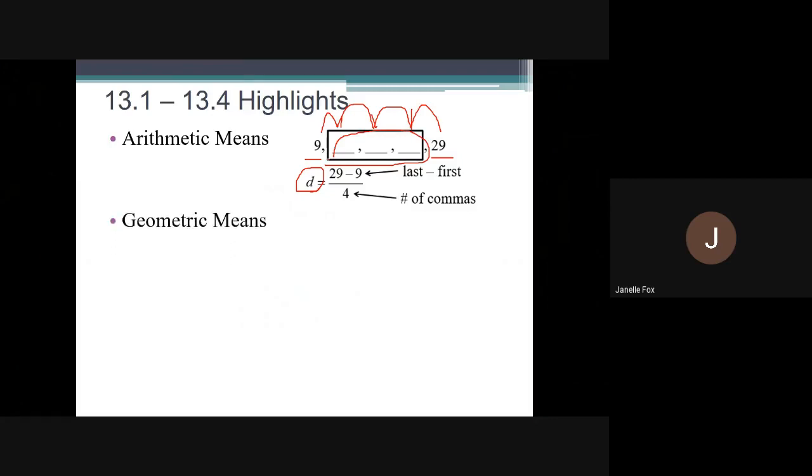Okay, geometric means you do the same thing, where you write the first term, and however many terms they're putting in. You write the first one, you write the last one, you do the spaces in between. But this time, because it's a multiplication problem, you're going to take that last number and divide by the first number, and then take the root that is how many jumps or commas there are.